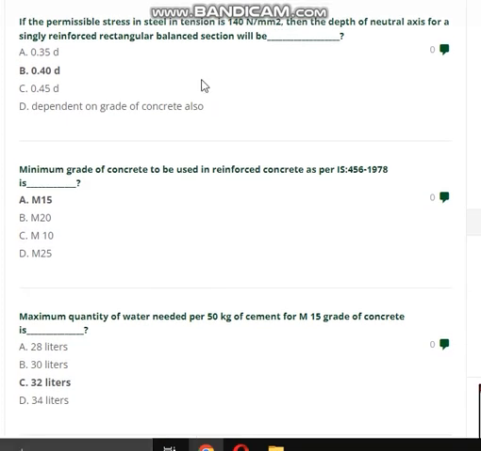If the permissible stress in steel in tension is 140 Newton per mm square, then the depth of neutral axis for singly reinforced rectangular balanced section will be 0.40 d.